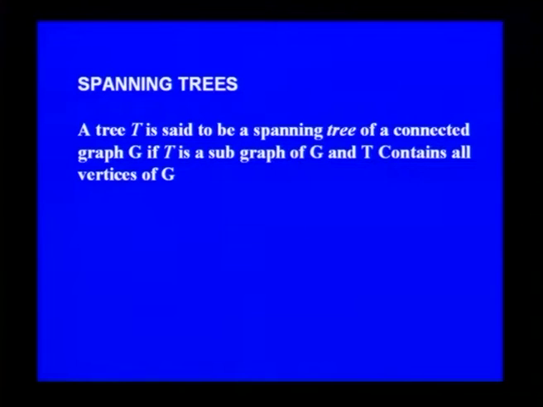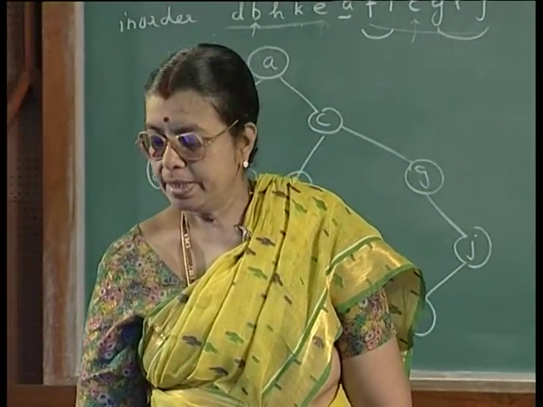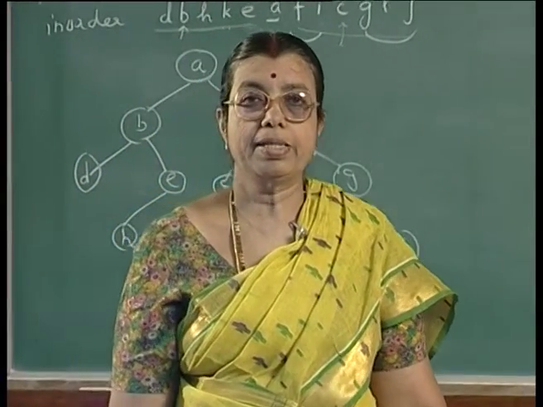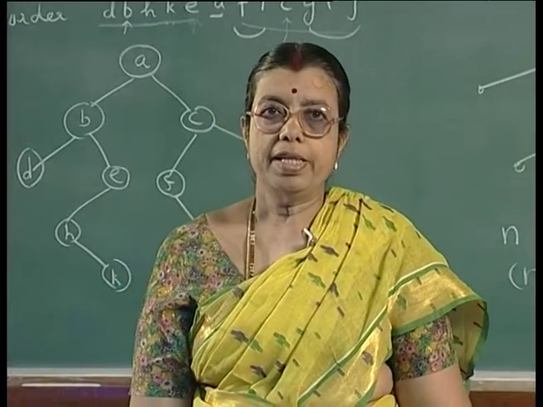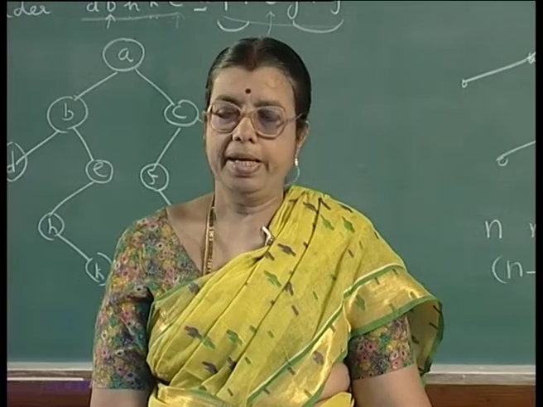A tree T is said to be a spanning tree of a connected graph G if T is a subgraph of G and T contains all vertices of G. These spanning trees are very important in several practical applications like computer networks and so on. You would basically require a spanning tree, and sometimes it is also necessary to calculate the minimal spanning tree. Let us see what is meant by that in a moment.